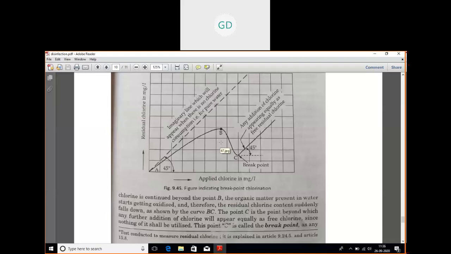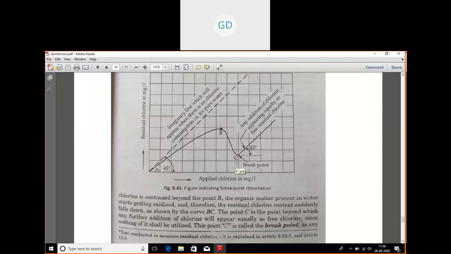Those bacteria, that organic matter, starts getting oxidized because of the chlorine. So the residual chlorine content suddenly falls down, and that part is shown by the curve BC.